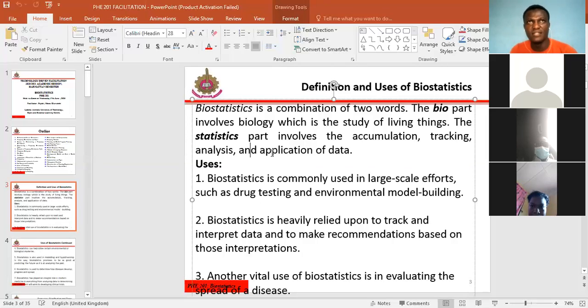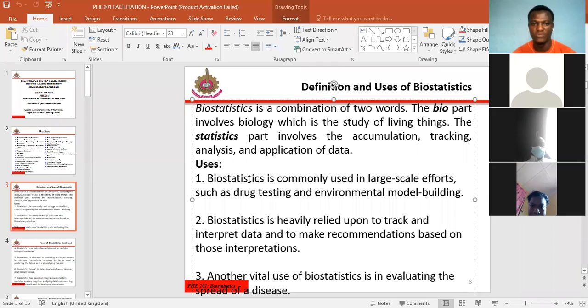Definitely in a series of health facilities that we have, there are points in time that statistics will have to come into place if such a health facility has to work properly.